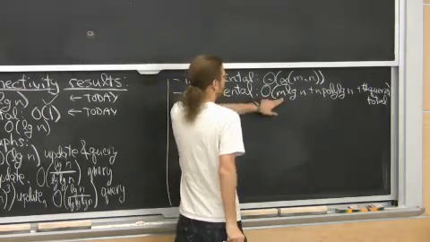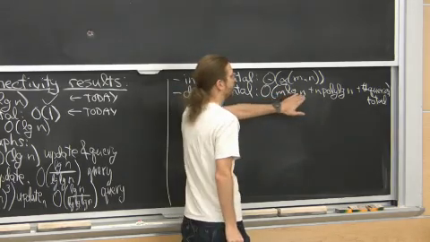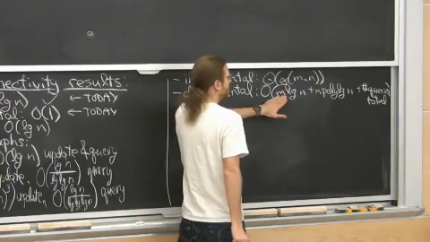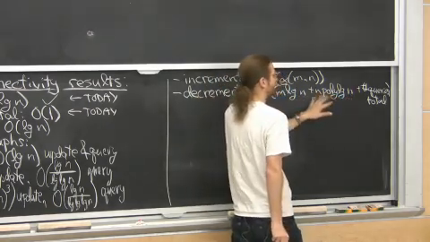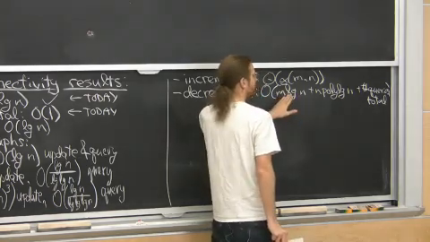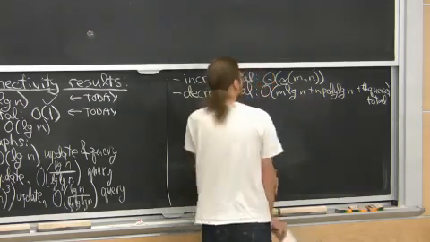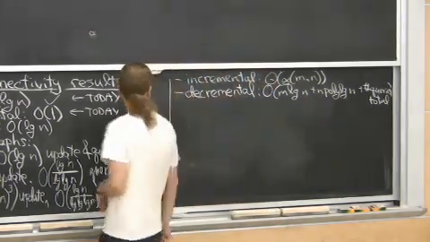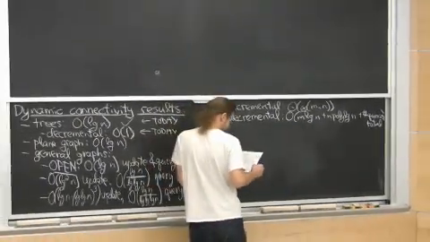If you start with an m-edge graph and you delete all the edges, then you pay log n for each edge. But you also have to pay this n polylog n cost. So if m is a bit bigger than n, then this dominates. And so it's log n per operation. But if you have a sparse graph, it's still polylog per operation. So decremental, we can kind of get log n for general graphs.